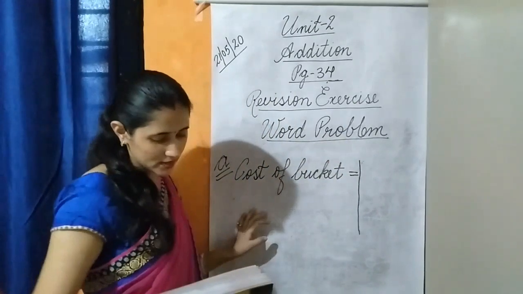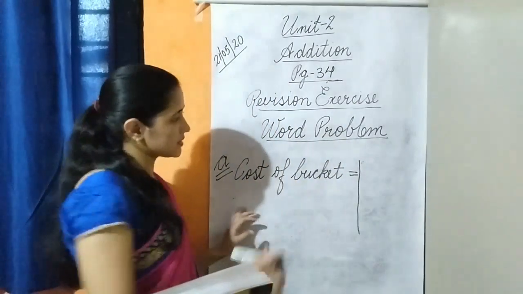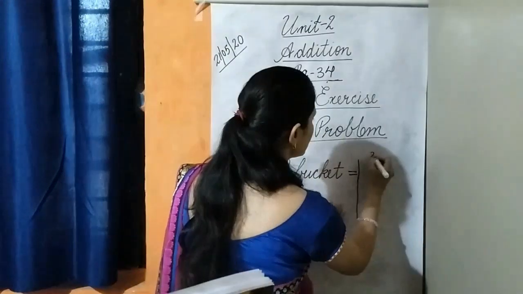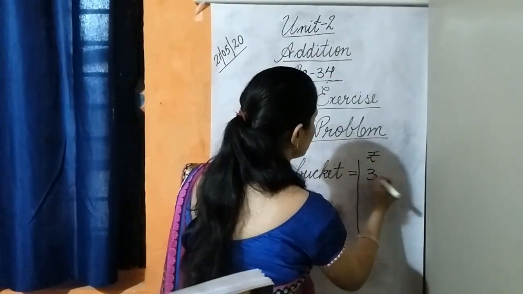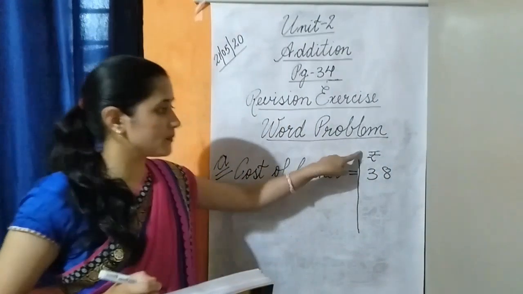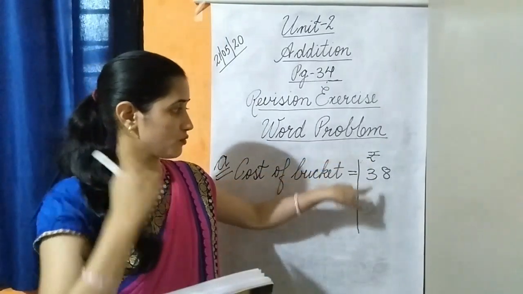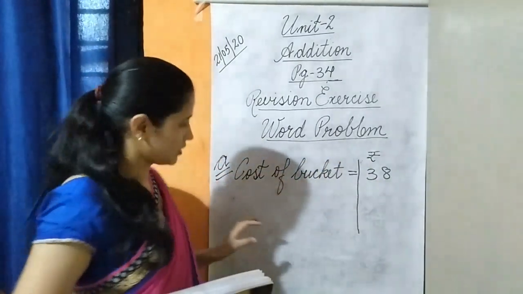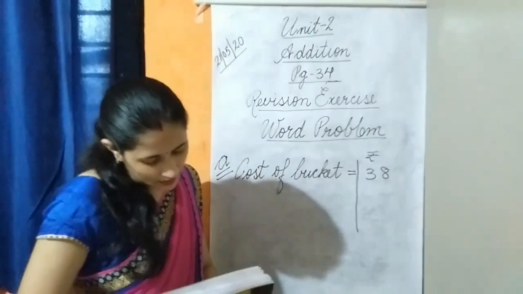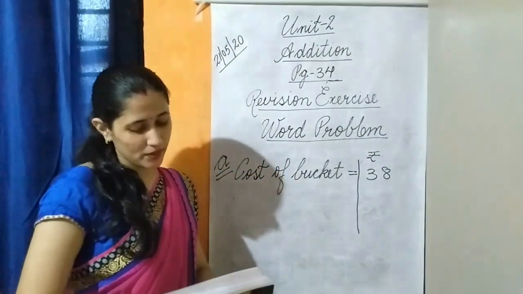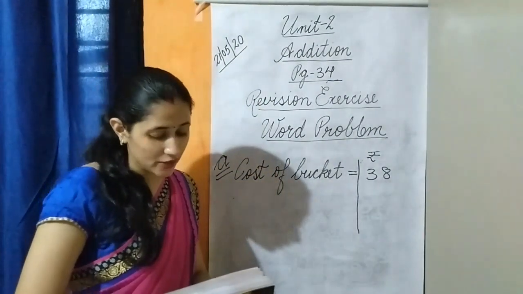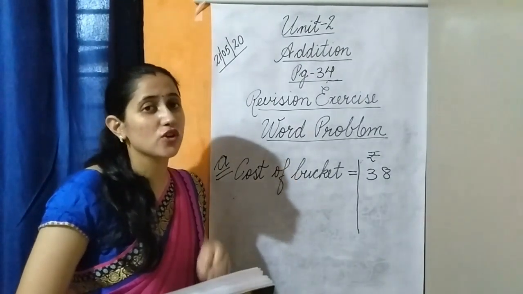Please draw a line. Cost of bucket is 38. Put the symbol of rupee here, because we are adding the amount. Then, and mug costing 29 rupees. So what is given here? Here cost of mug is given.